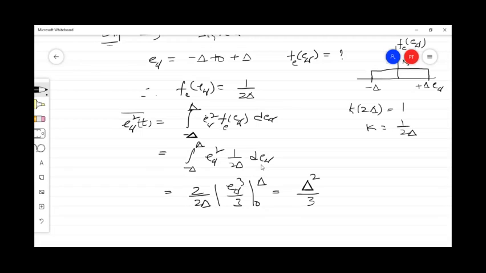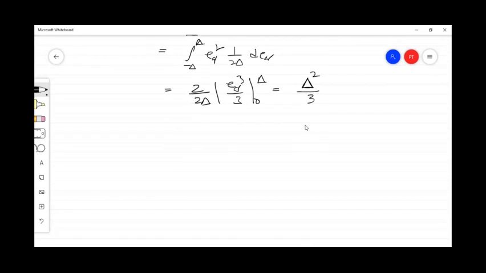Okay. This is the error due to the quantization process in the delta modulation system. And this error is distributed over a frequency range of how much? Frequency range of the sampling rate. So this entire mean square value is distributed over the frequency range fs.